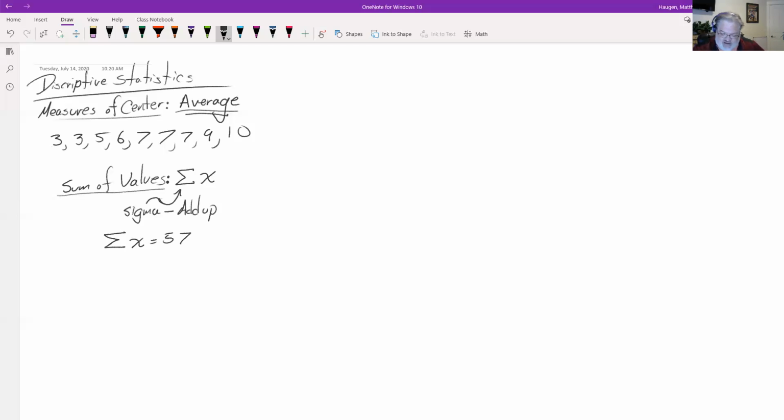If we wanted to find then the average that we're used to thinking of, we said there were 9, right? 9 values. So the sum of those x values divided by n. So take that 57, divide by n, our number of values, 9. And that's going to give us a nice value for average.